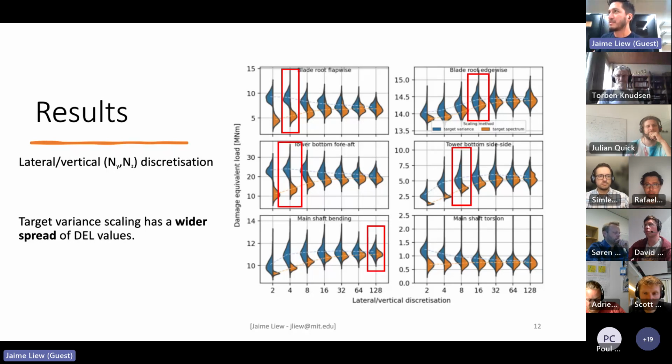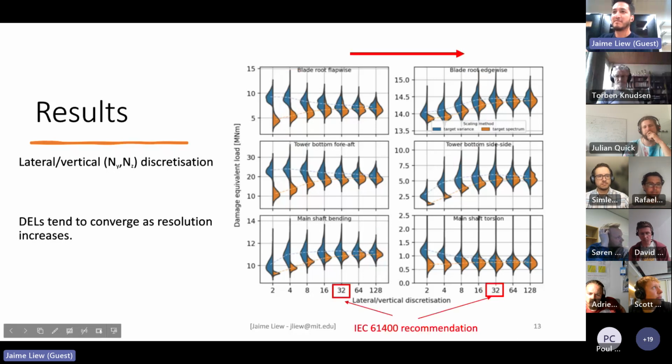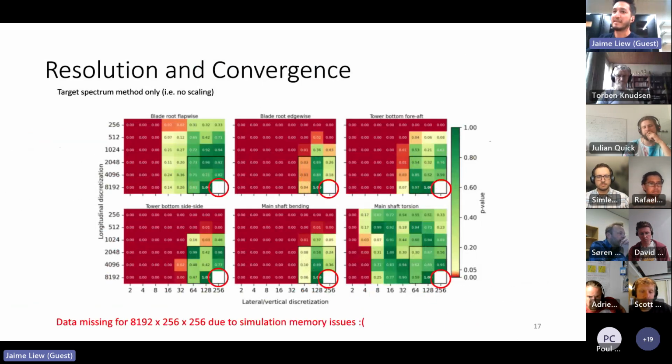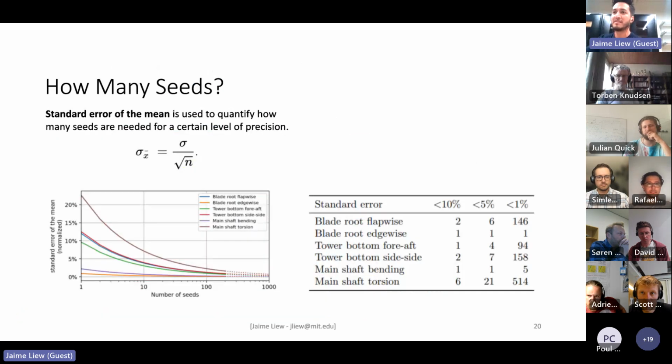I got some interest from some people at the conference, from the Siemens office in Hamburg, and they were saying that the main shaft torsion, which is my most challenging load here, is also a load which is difficult to simulate and may not be the most useful fatigue load to be looking at. So in that sense, this is why I said that if you don't need the main shaft torsion, then for all the other loads 6 or 7 seeds is actually enough to be within 5%. That was interesting to hear.